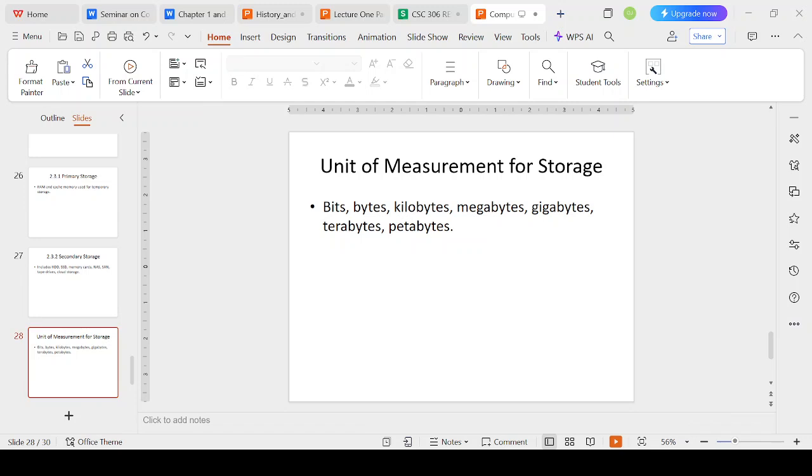Your assignment here is to find out why this is 1024 instead of 1000. That is your take-home assignment. So these are the different units of measurement.